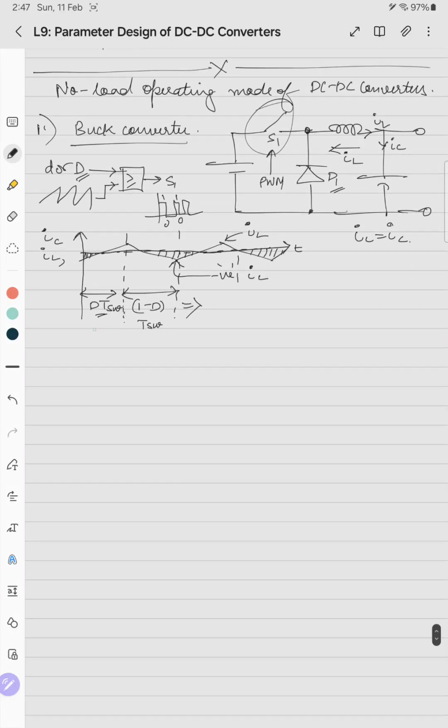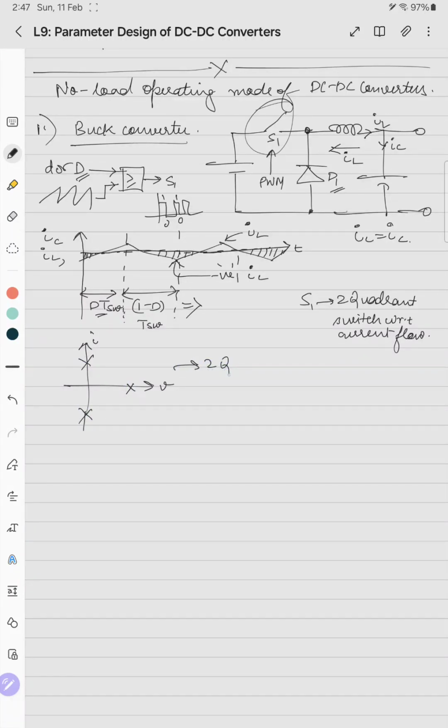So S1 should be a 2-quadrant switch with respect to the current flow, which means that if we see I versus V, it should pass current of both polarities and it should block voltage of one polarity.